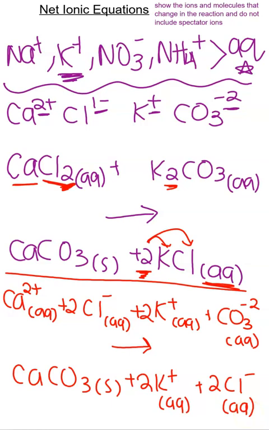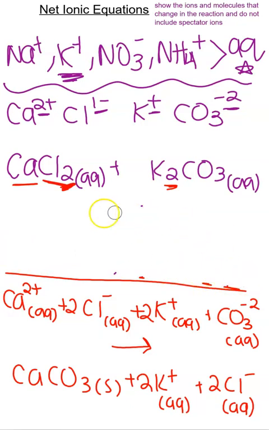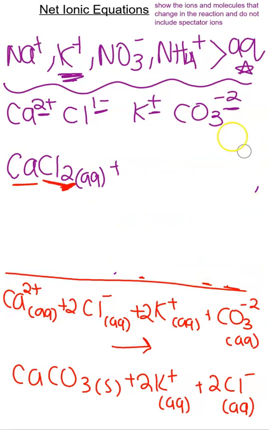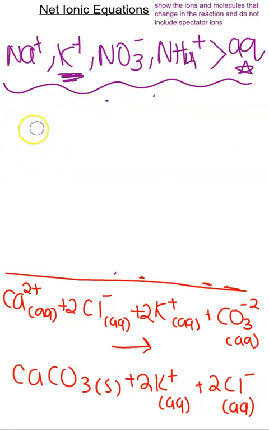Now, to write the net ionic equation, you get rid of spectator ions. Spectator ions are ions that are not involved in the reaction. They start aqueous, they end aqueous. They don't do anything. And so looking at my ionic equation, we can identify spectator ions because they are aqueous on both sides of the reaction.